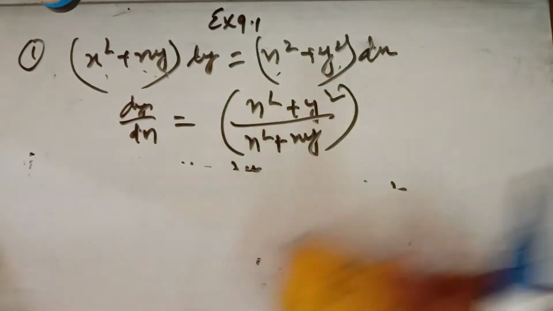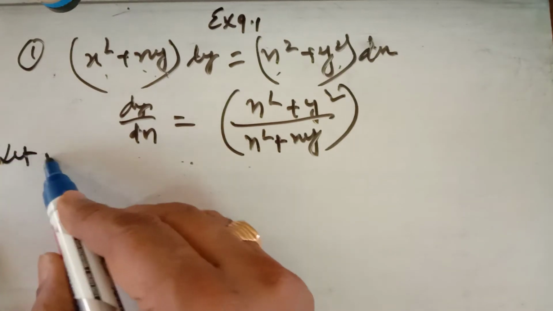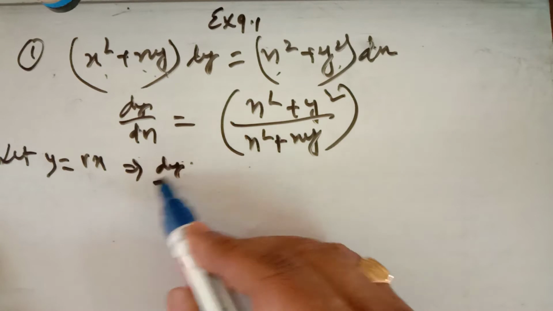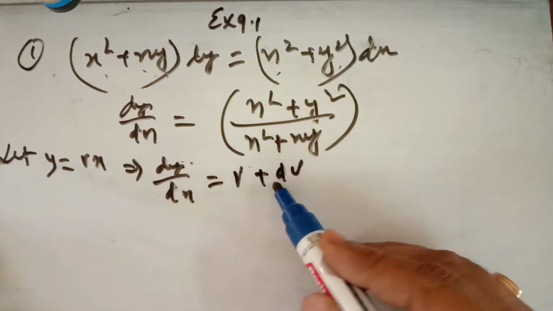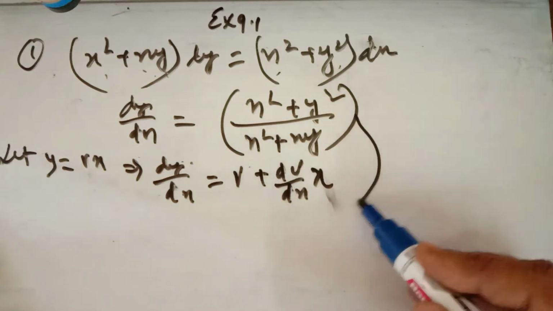Now how do you have to solve it? We have to solve it by letting y is equal to vx. So dy/dx will be equal to, using the product rule, v plus x into dv/dx, and replace it here.